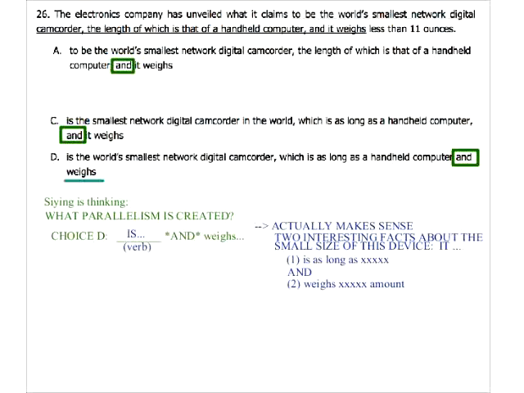That's the actual parallel structure that is intended here. Remember, when you talk about parallelism, you should always be able to call the parallel structures A and B, or X and Y, if you were speaking out loud. So here you can totally do that: A is as long as this, and B weighs only this much. This makes perfect sense. Any questions about the parallelism in choice D?